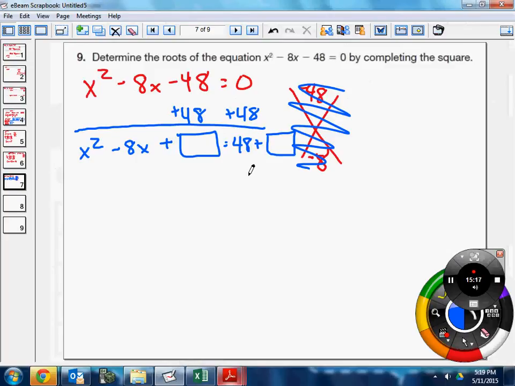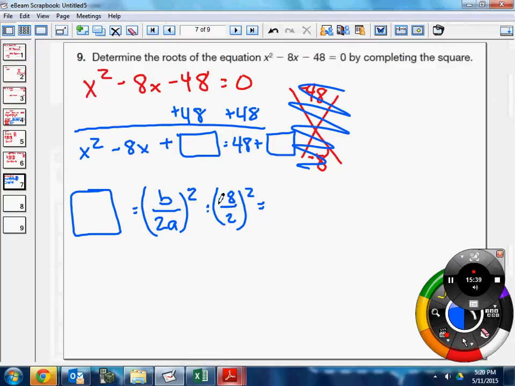Now, we said earlier that to get my box, my square, you're going to do b divided by 2a, squared. Now, in this case, our a is 1. So do I need to multiply by a? No. So this will be negative 8 divided by 2, squared.